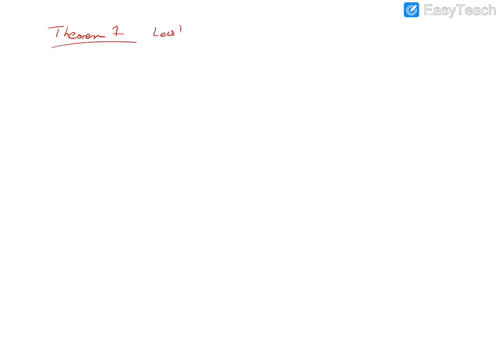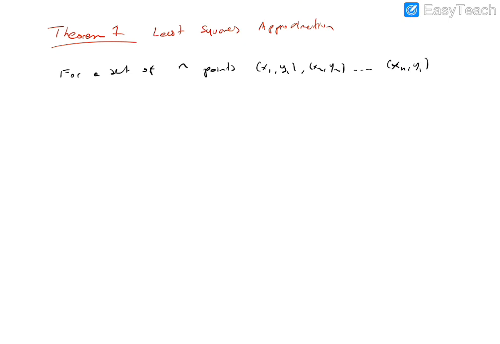Theorem 1. Least square approximation. So for a set of n points x1 y1, x2 y2, and so on up to xn yn, okay, the coefficients of the least square line y equals ax plus b are actually calculated using optimization theory.